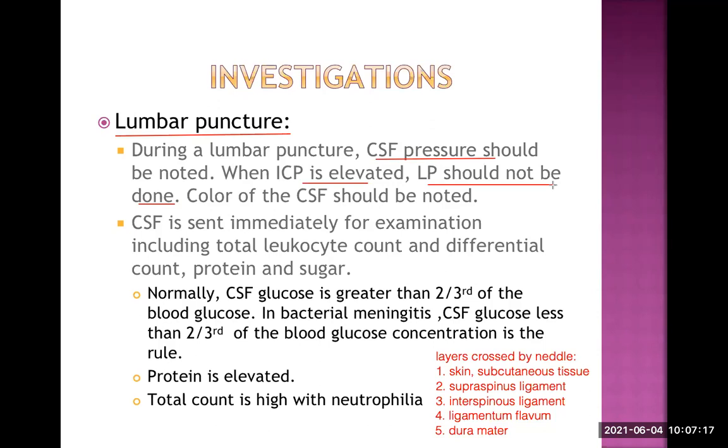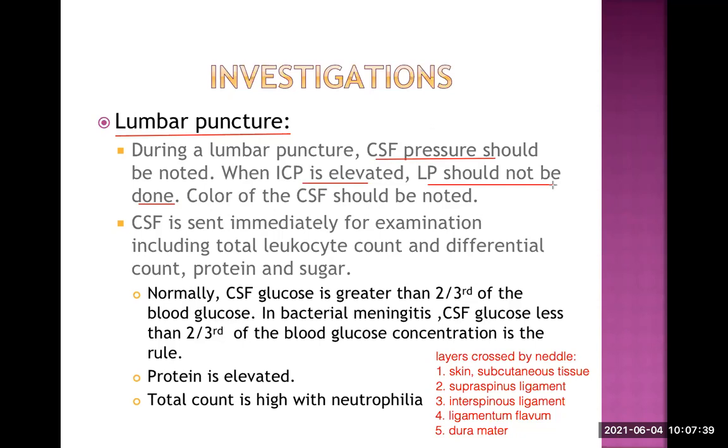Substantially raised, because when you do lumbar puncture, remember there is a sudden release of the pressure which is collected there. That sudden release of the pressure will lead to a pushing down of the brain, and that can result in cerebral herniation. That cerebral herniation can kill the patient sometimes.